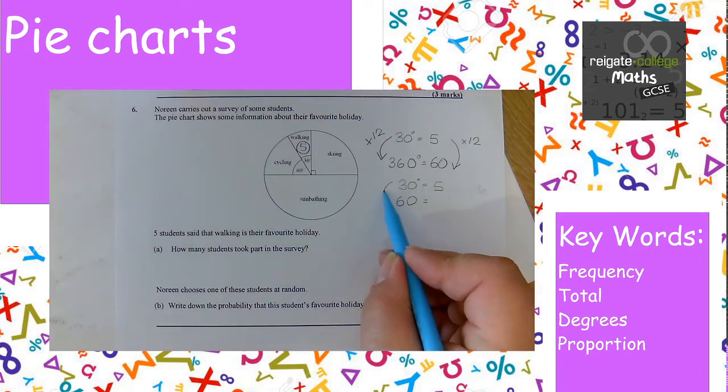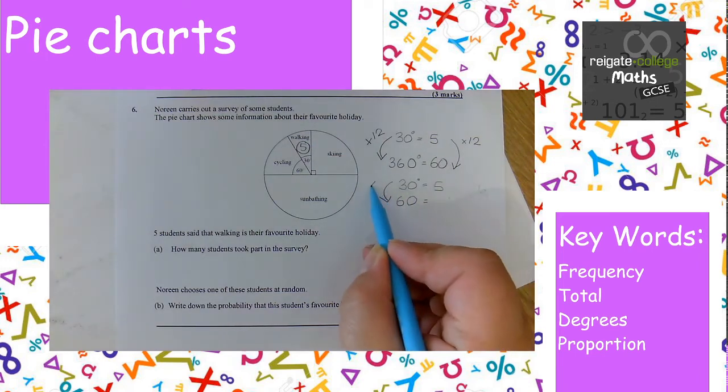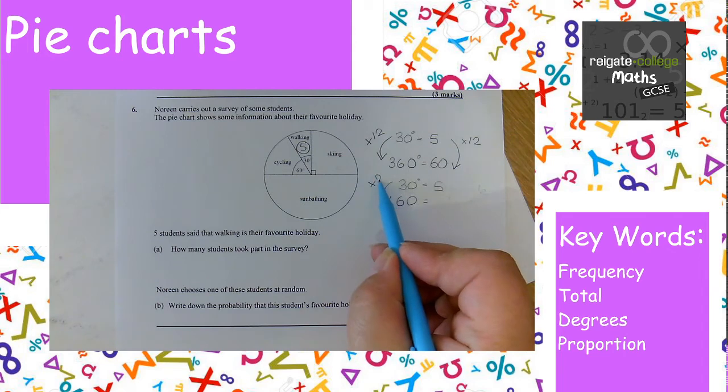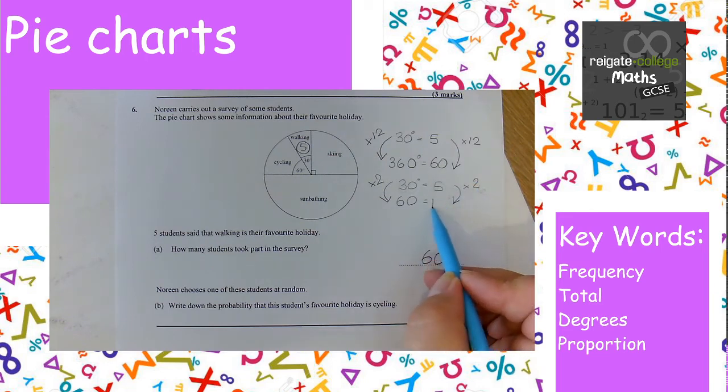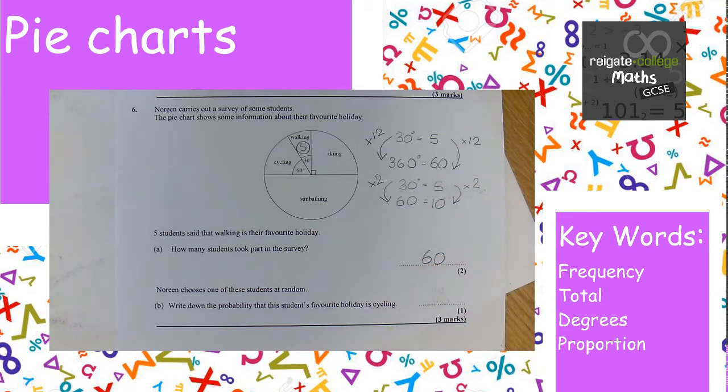This is a much simpler multiplier. We times 30 by 2 to make 60. So we're going to times 5 by 2, and we can see 10 people prefer cycling. All that's left is for us to put the 10 as the numerator over 60, being the total number of people in the survey, as our denominator. Therefore, the probability is 10 out of 60.